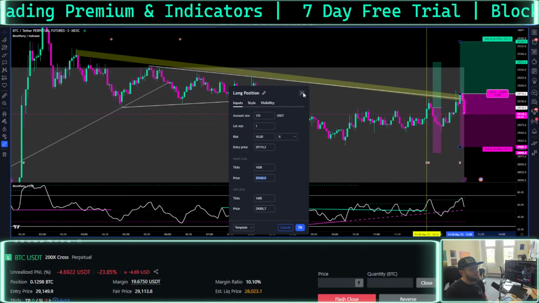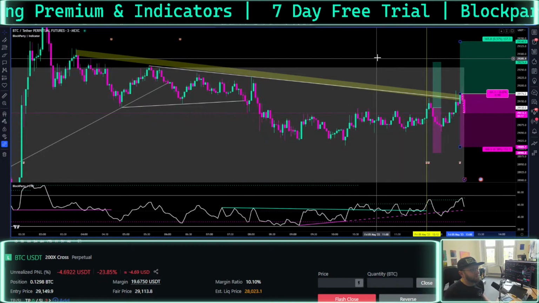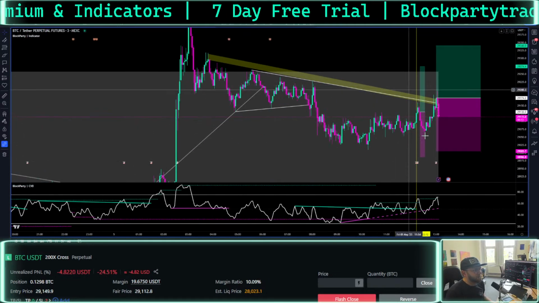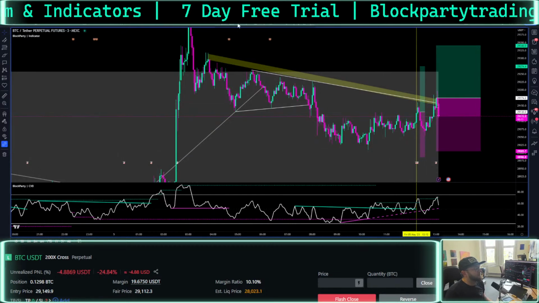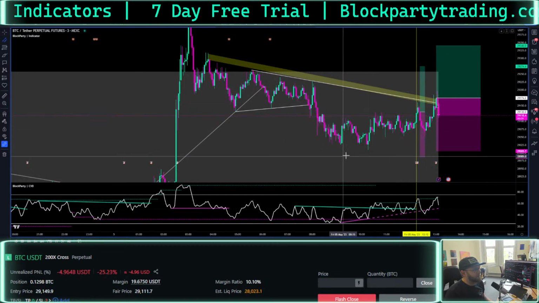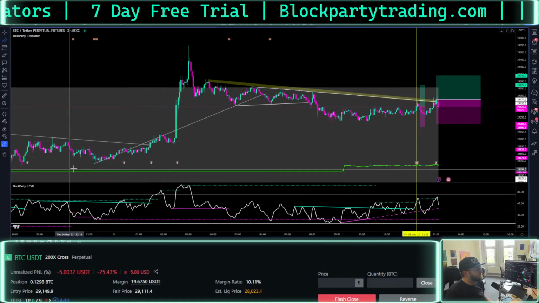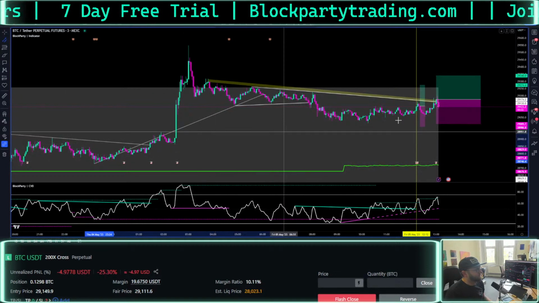Bitcoin's got a heavy rejection there from that trend line that we identified just a minute ago. So we'll see how this plays out. On the flip side, we do have a nice little bit of support underneath here. So let's try and draw that on.